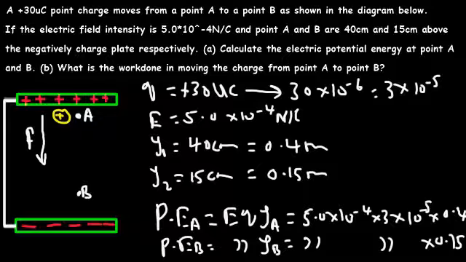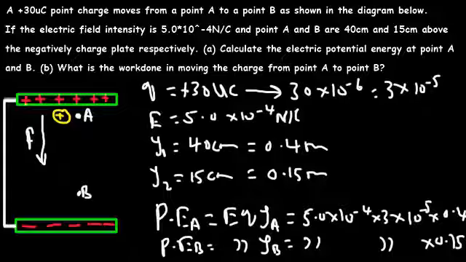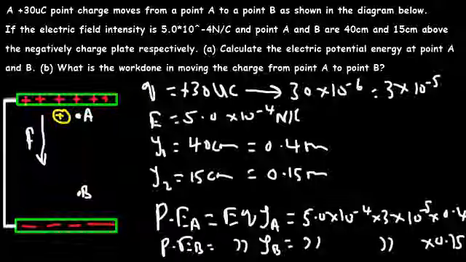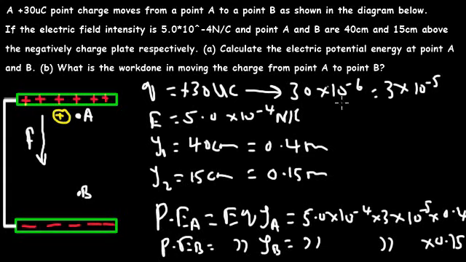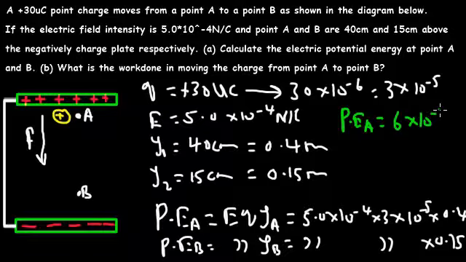So the first one, we have 5.0 times 10 to the power of negative 4, then multiply by 3 times 10 raised to the power of negative 5, and finally multiply by 0.4. I got 6 times 10 to the power of negative 9. Wow. So for PE_A, we have 6 times 10 to the power of negative 9.